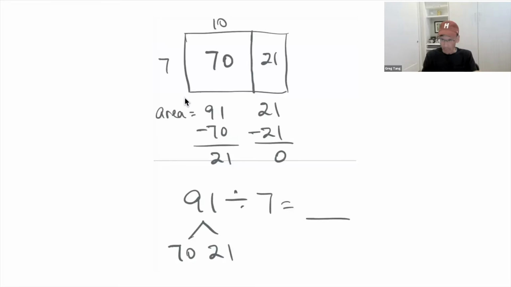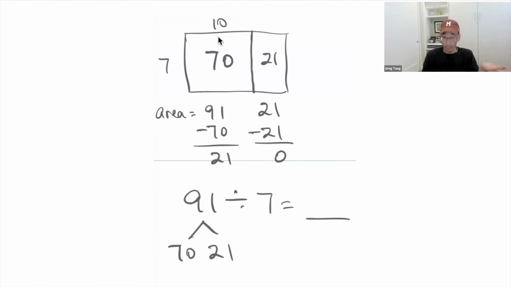Now, is an area model a picture of what I'm thinking? Yep. Is this symbol also a picture of what I'm thinking? It is. So over time, we go from more complicated pictures to less complicated pictures. That's it.